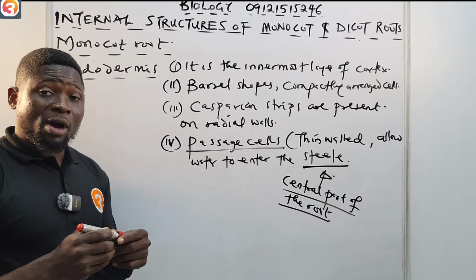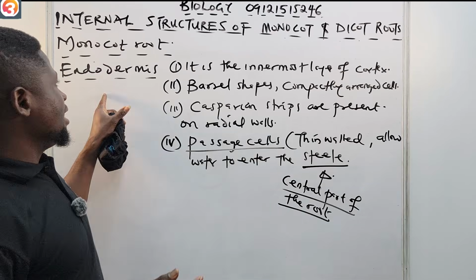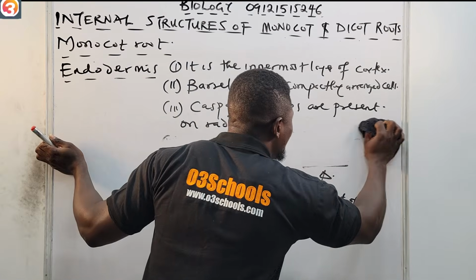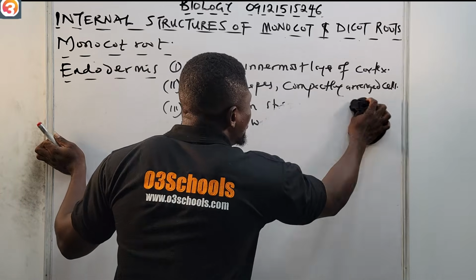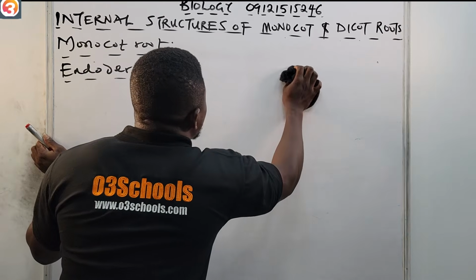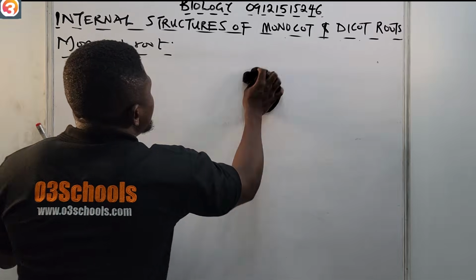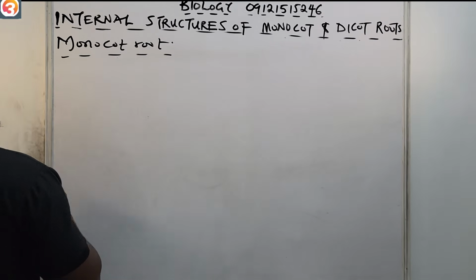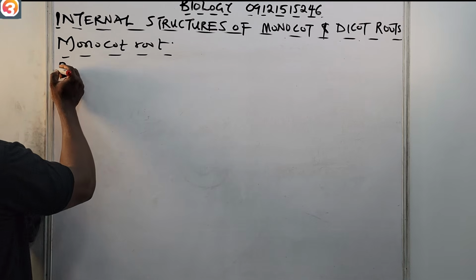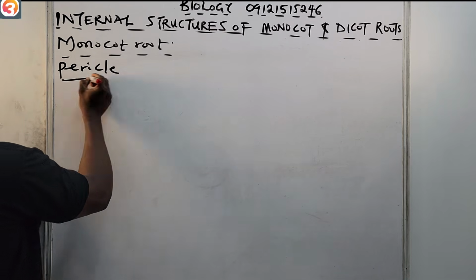Now, after the endodermis, that takes us to the pericycle. The pericycle is located just outside of the endodermis. It is a single layer of thin-walled parenchymatous cells.